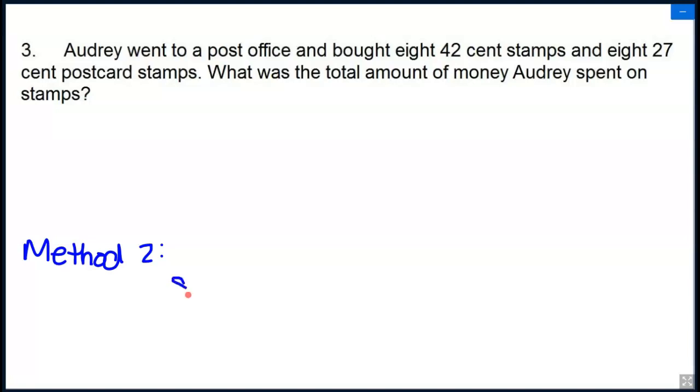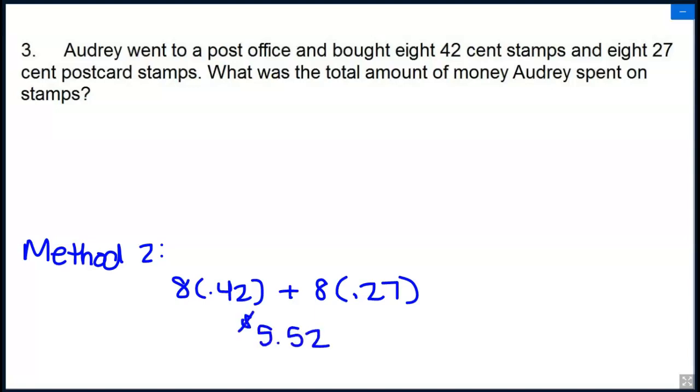Because this time you're given 8 at 42 cents plus 8 at 27 cents. So when you read the problem, you almost want to just set it up like this. And you get she spent $5.52 on stamps.